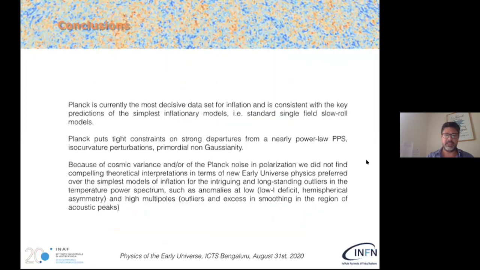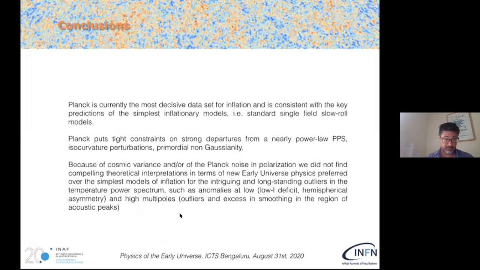Okay, let me conclude. Planck is currently the most decisive dataset for inflation and is consistent with key predictions of the simplest inflationary models, standard single field slow roll models, and puts tight constraints on strong departures from a nearly power law primordial power spectrum of the curvature perturbation, and on primordial non-Gaussianity.